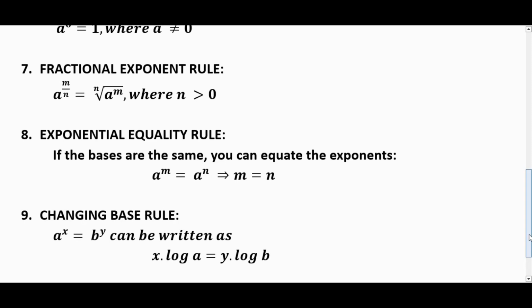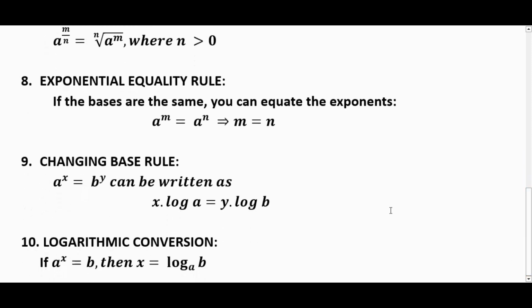That's all that means. We have the changing base rule. The changing base rule states that if a raised to the power of x is equal to b raised to the power of y, this can be written as x log a is equal to y log b. That is it. That is the changing base rule, whereby you simply apply the logarithmic rule.